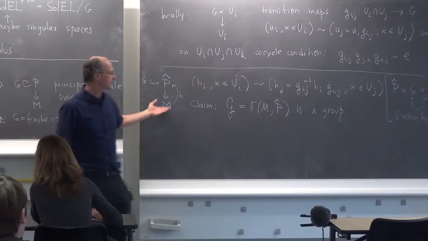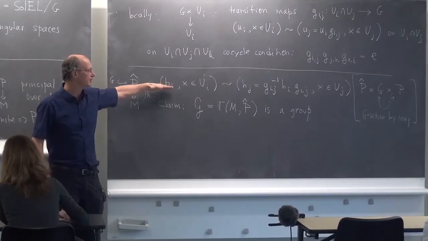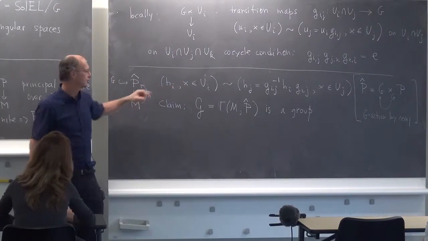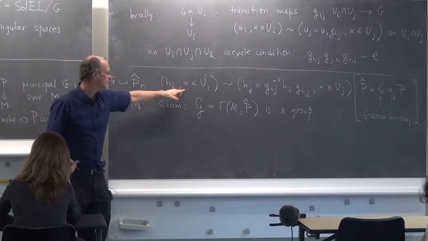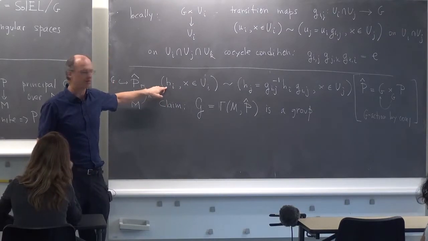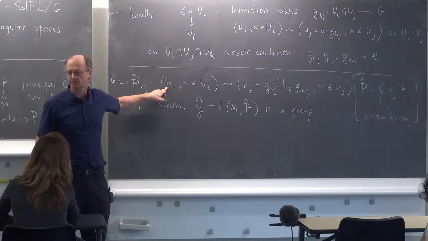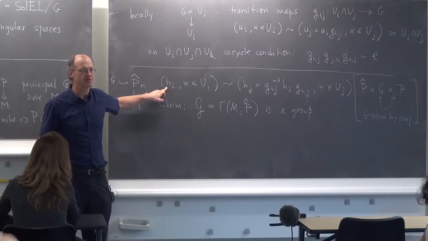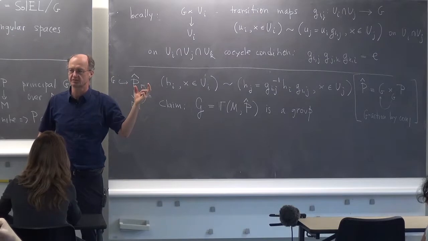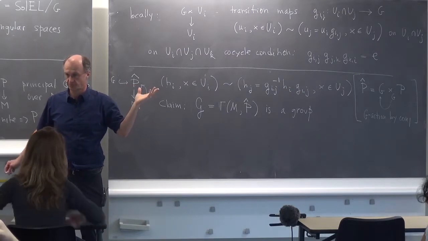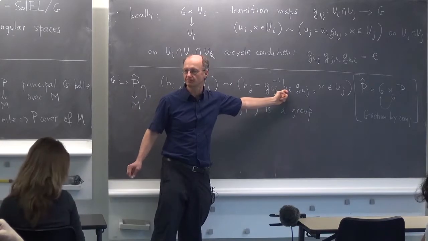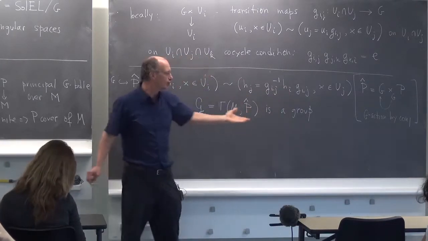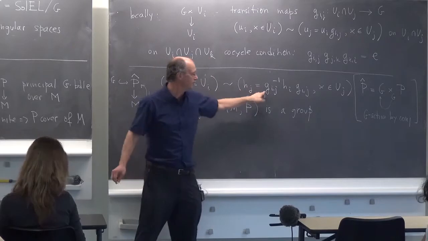Suppose I got a section. So I describe everything locally. So a section means that here I have a map from x to the group. So I would have some h of x. Well, if I have two maps like that, I can multiply them pointwise. Now the question is, what happens if I go to some other chart? Right? So there I also have this section which is given by a different map.